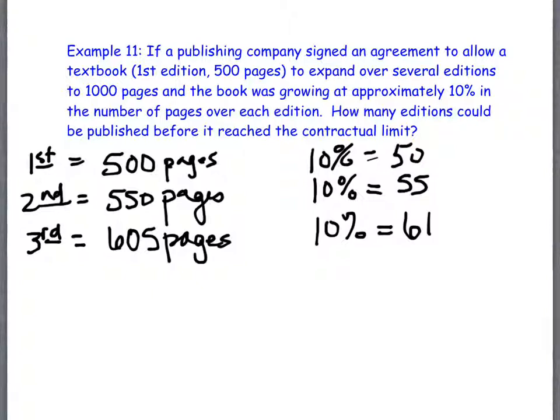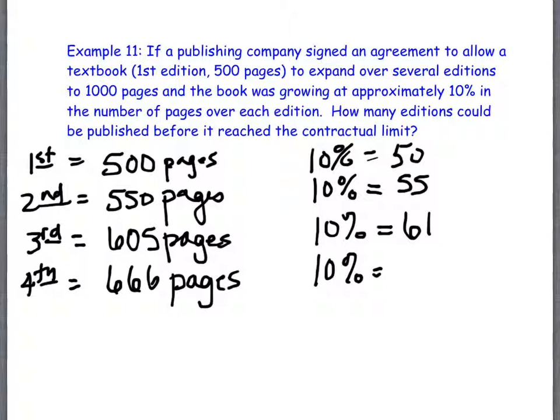So we've got our fourth edition of our book, which is actually how many pages? Ooh, that's not a good number, is it? 666 pages. What would 10% of that book size be? 67, right? Good. And then our fifth edition?